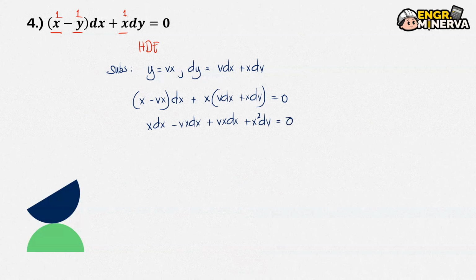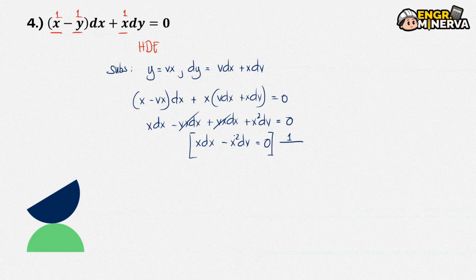So we check if there are terms that we could combine or eliminate. We are left with x dx plus x squared dv. Eventually, this differential equation is homogeneous, but again, this differential equation is variable separable. So let's check for dx. We have x here. Yes, correct.